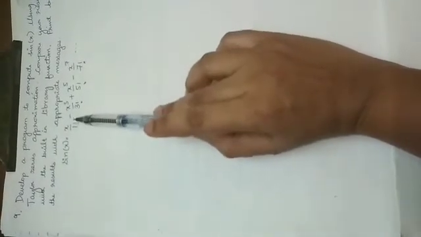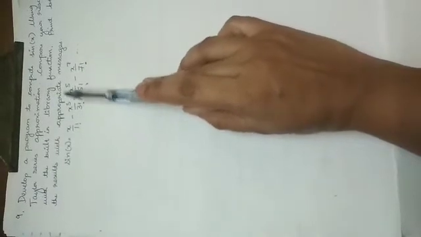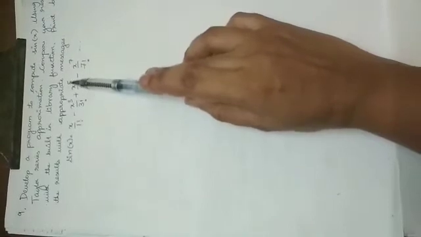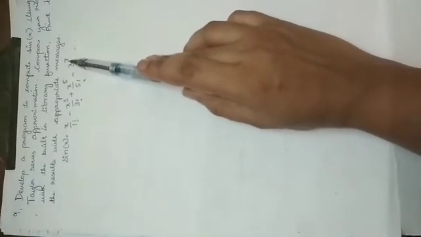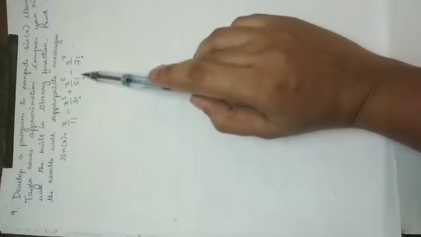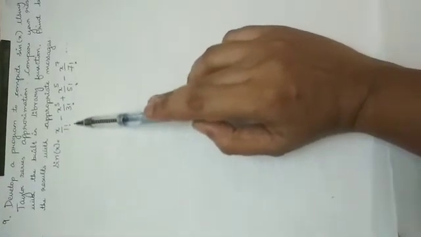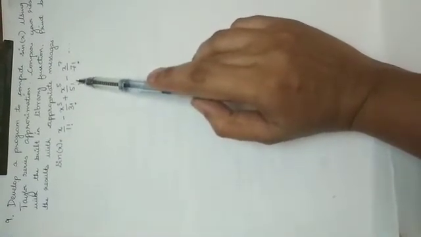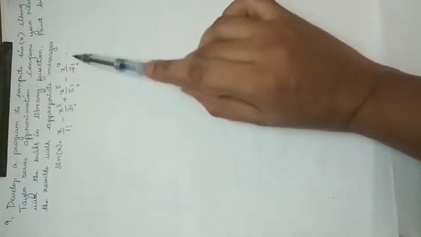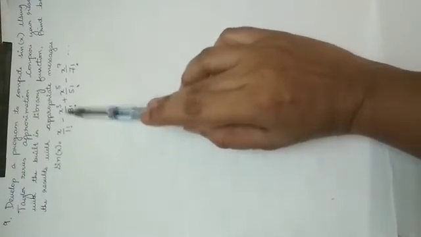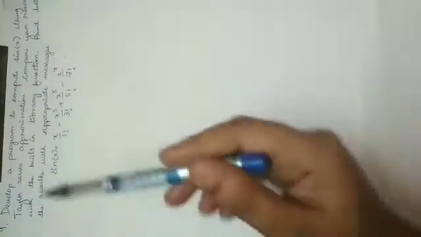One thing you can observe in this series is that the power of x is odd, differing by 2 each time, right? In the same way, in the denominator you can observe factorial 1, factorial 3, factorial 5, each number differing by 2, right? And one more thing you can see here is that the alternate terms are plus, minus, plus, minus, and so on. So keeping these things in mind, we can try to write the code.